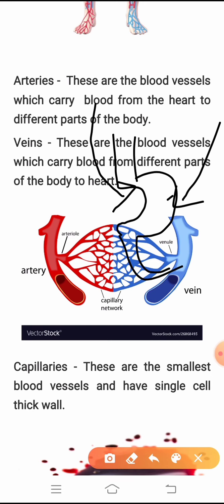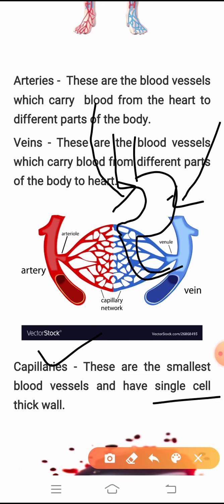Because of that, these arteries and veins are further divided into smaller and smaller vessels. These smaller vessels are termed capillaries, and they are one cell thick. Means the size of the capillaries is the size of a single cell.